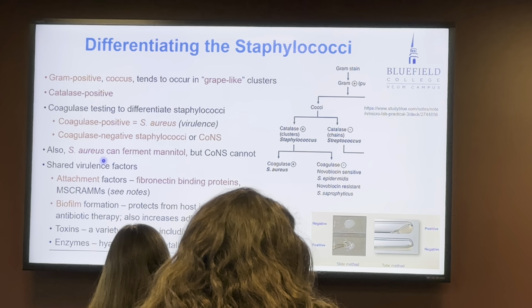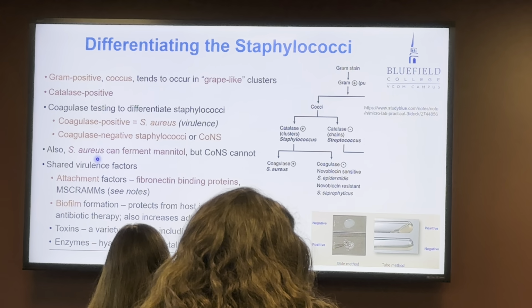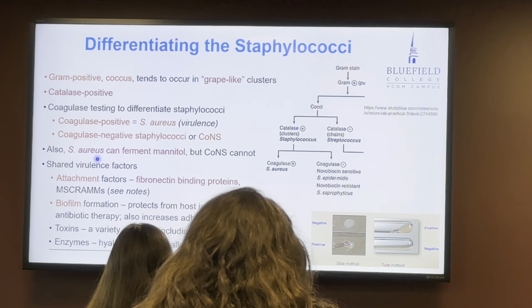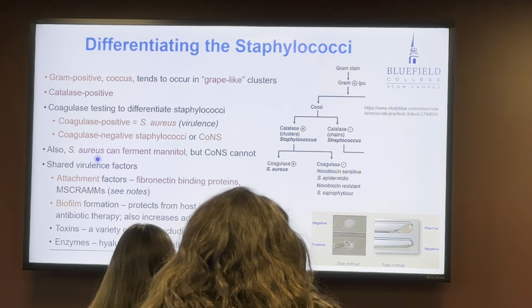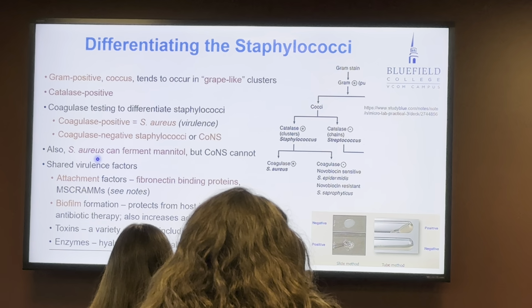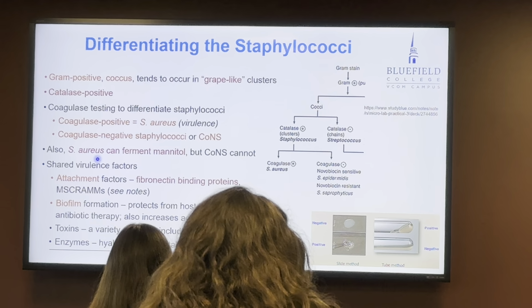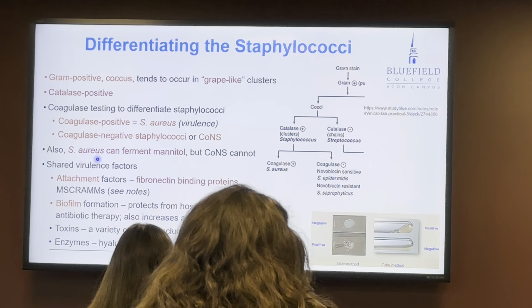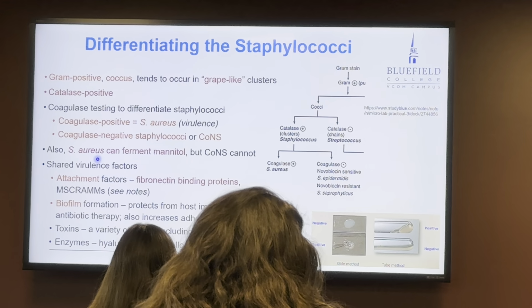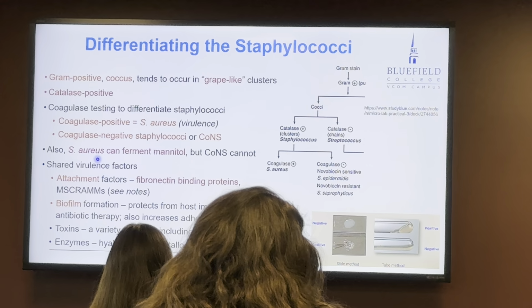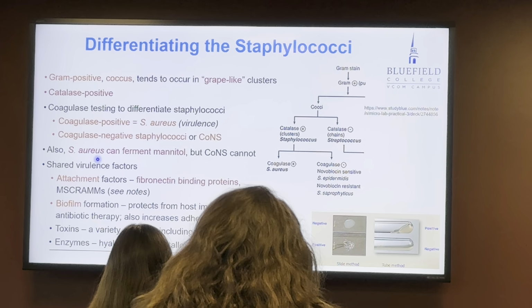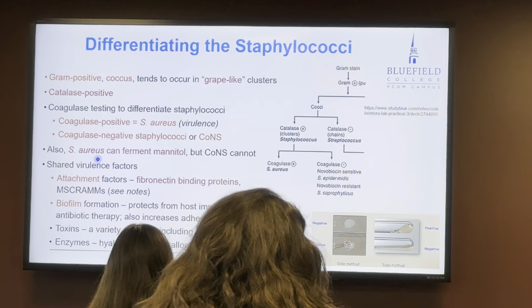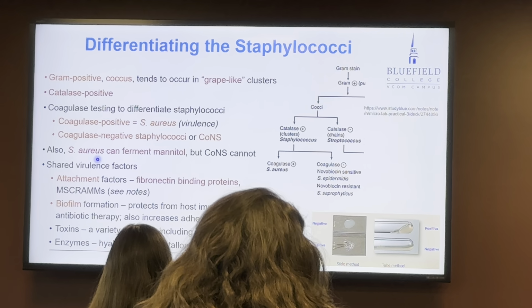All right. Skip to this bullet, but I'll go back. Remember the mannitol salt plate that we talked about the last time we were together. So this is how you, number one, can see if the staph will grow, because only Staphylococci will grow on the mannitol plates. But now also, and we've got a picture of this in a couple slides, only the Staph aureus will ferment the mannitol, and we'll see what that looks like in a couple minutes.